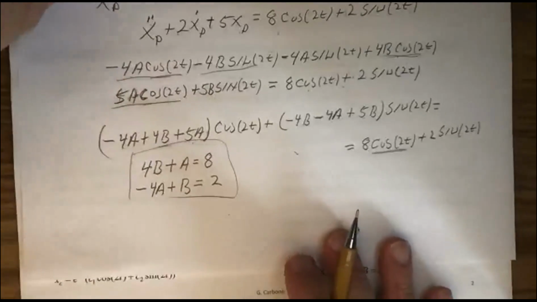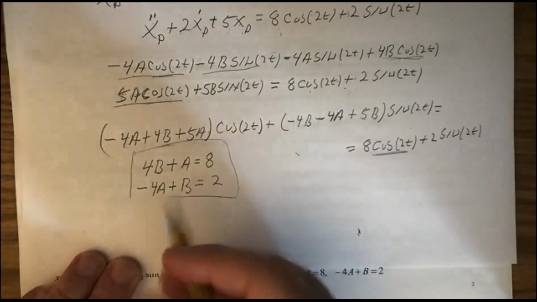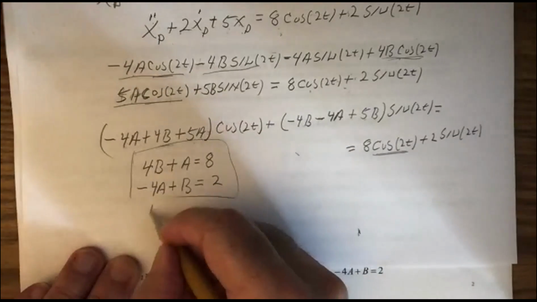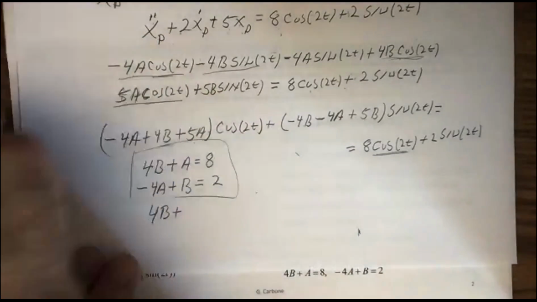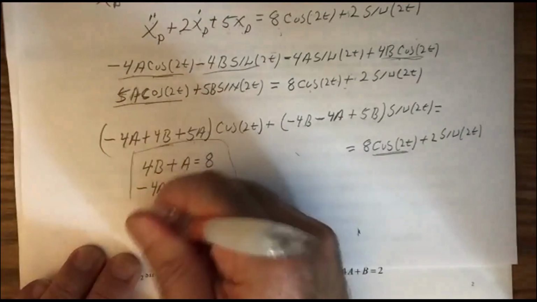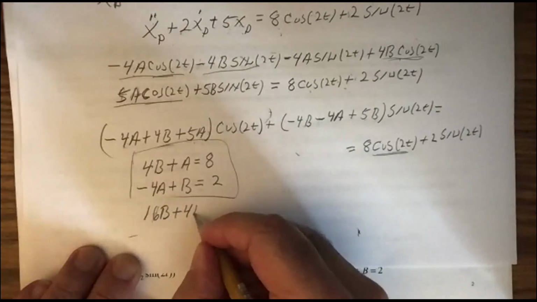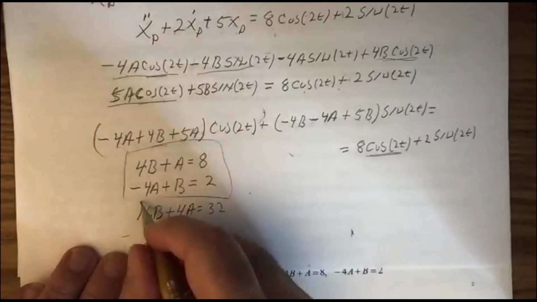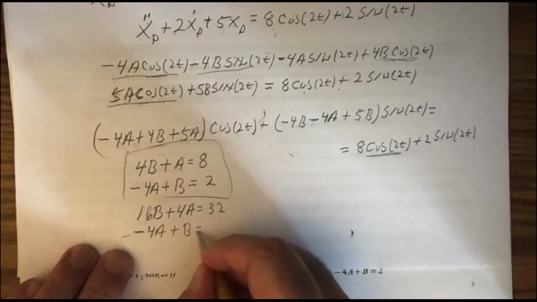I'm going to multiply the top equation here by 4. This is going to be 16b plus 4a is equal to 32, right? And this equation I'm going to leave alone: minus 4a plus b is equal to 2.